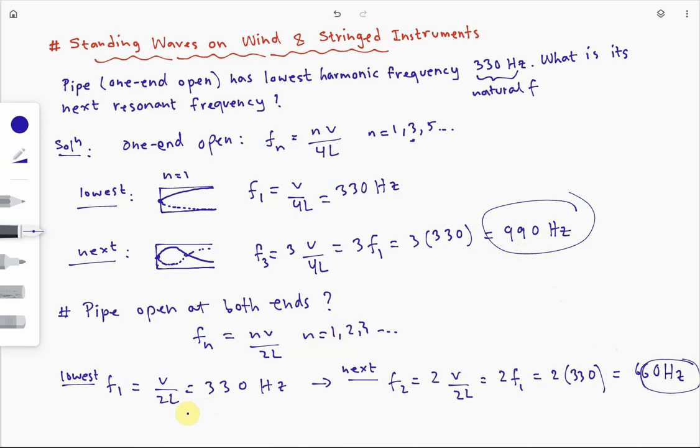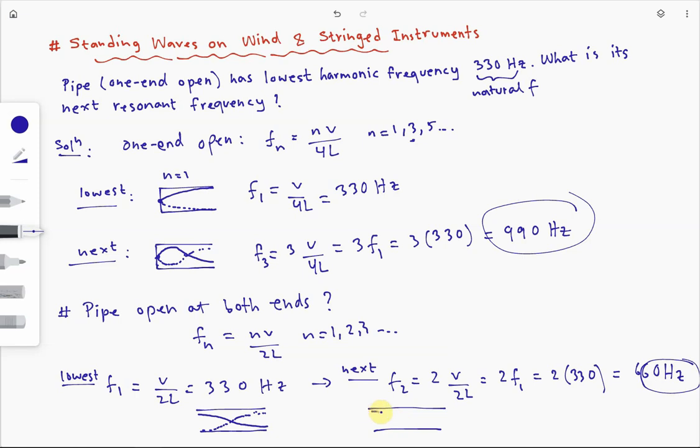Now let's look at how the harmonics look for pipes open at both ends. If both ends are open and the pipe looks like this, at both of its ends we must have antinodes because of maximum motion of the air molecules, right? So the first harmonic looks like this. This is basically half of a wave. Now what does the second harmonic look like? We can include another node in between, keeping antinodes at both ends.